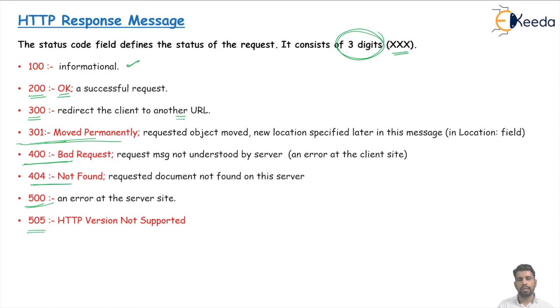So these are the statuses about the request of the client and the response sent back. So this is all about the HTTP protocol. In HTTP protocol, first we saw the HTTP request: the HTTP client sends a request and then gets a response. Then the types of connection, non-persistent and persistent. Which one is better?